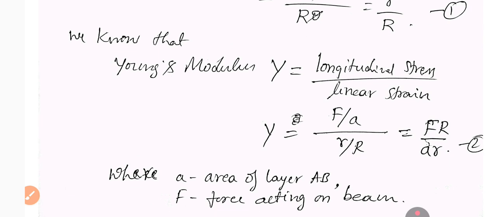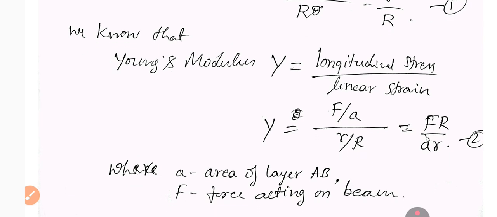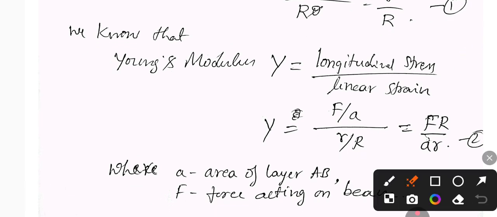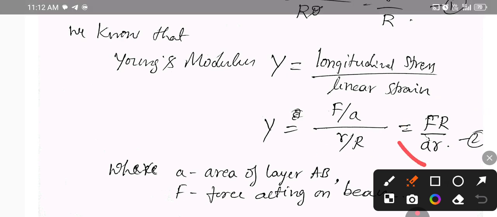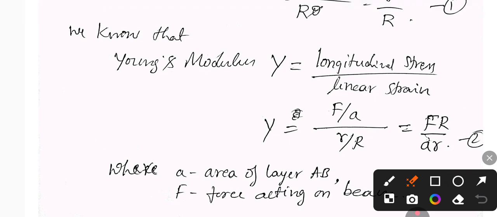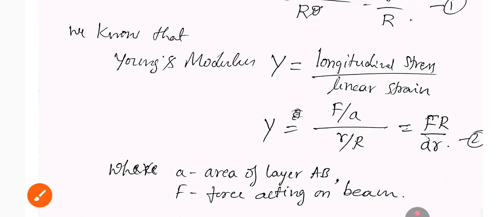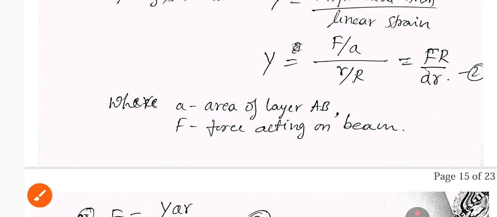We know the longitudinal strain, so we can calculate Young's modulus. Young's modulus can be defined as longitudinal stress to longitudinal strain. So Y is longitudinal stress, which means force per area, divided by linear strain, that is small r by R. Then it can be written as Y equals F R by A r, where A is the area and F is the force acting on that beam.